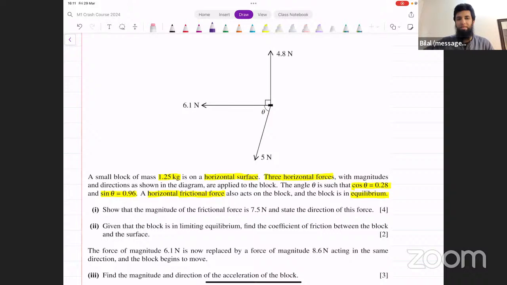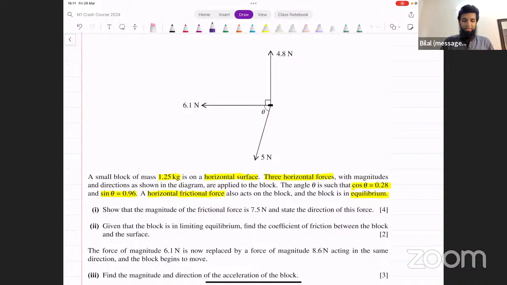Forces acting towards the left should be equal to forces acting towards the right. Upward forces should be equal to the downward forces. So we just have to equate the opposite forces. But first of all, we need to consider all the forces that are acting in this particular case. Now, they have told us that these three forces are acting.